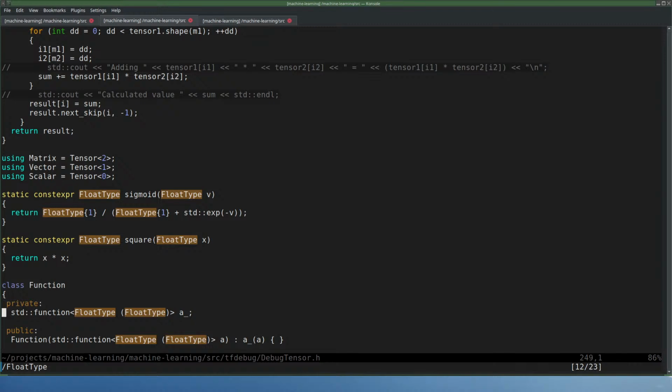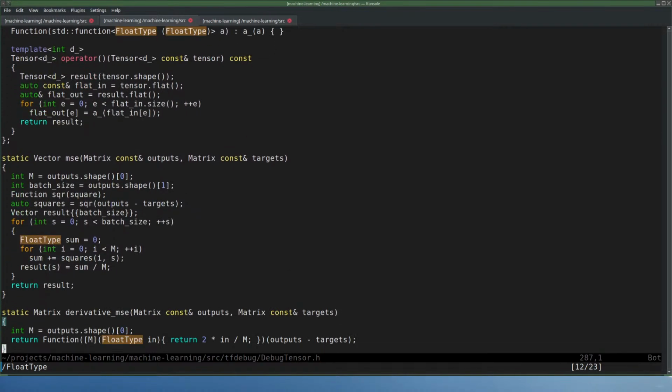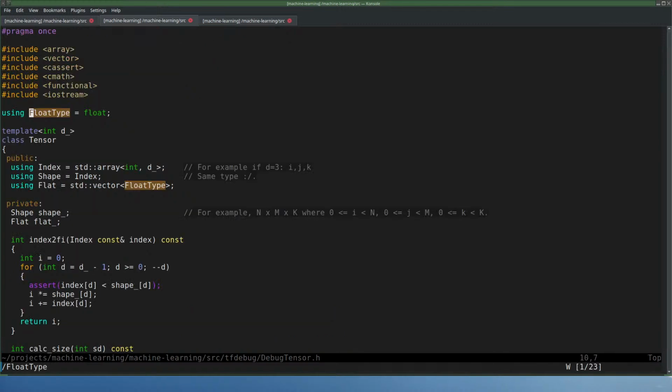Yeah, okay. Change this into long double. And then it will be 1.